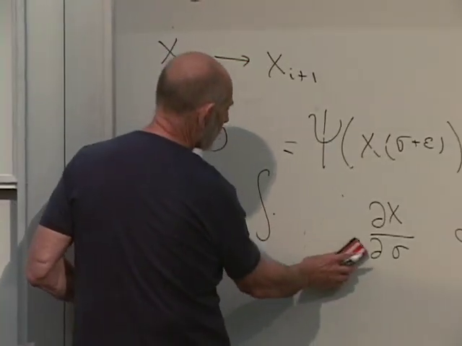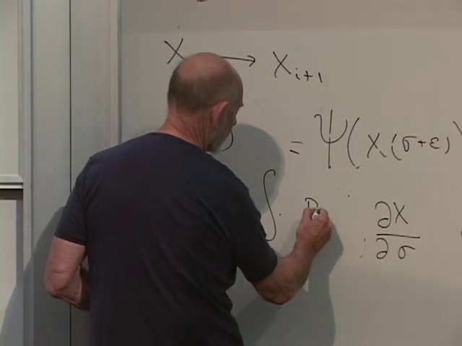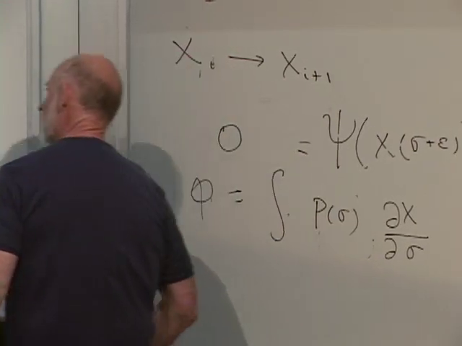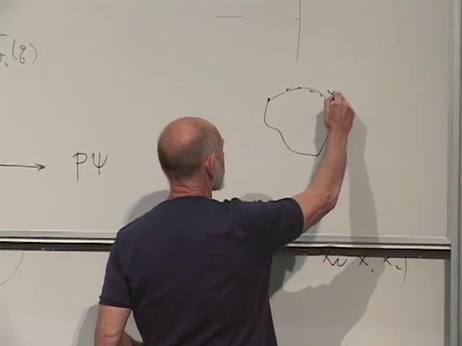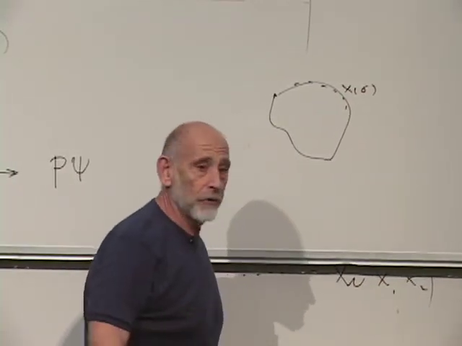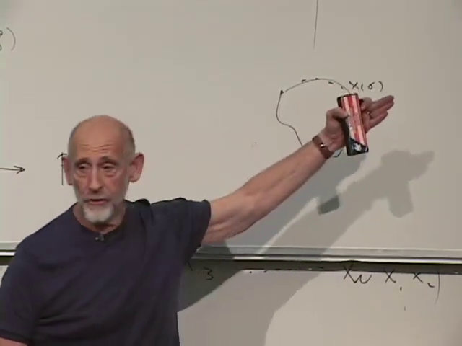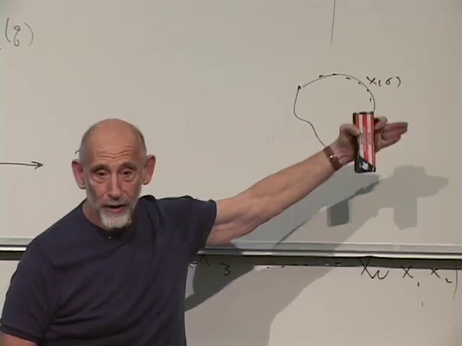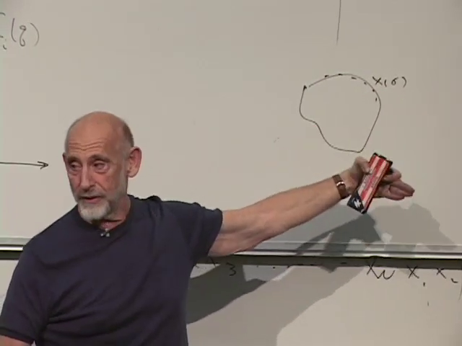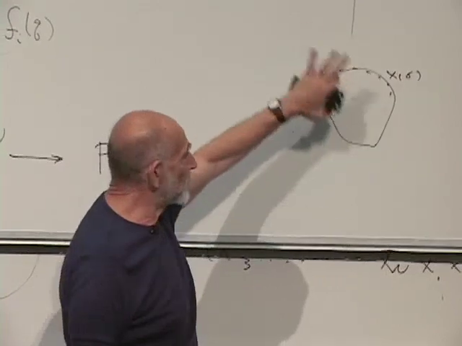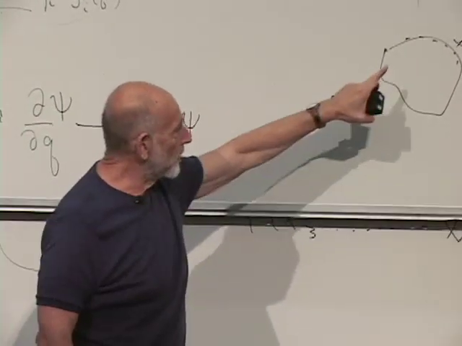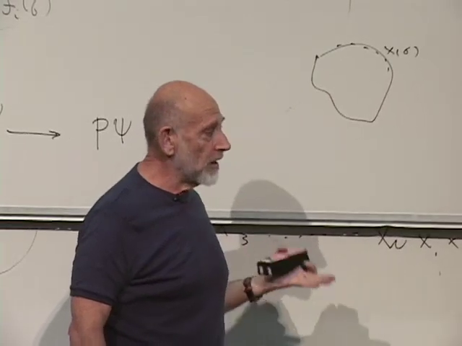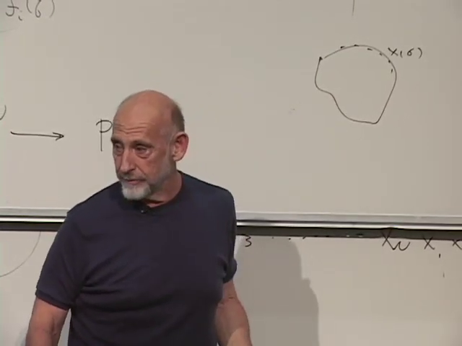What does that mean, p sigma? We have a string, and it has a bunch of points x of sigma. And of course, the points have velocities. The velocities of those points are their momenta. Remember, we're just doing basically non-relativistic physics, where velocity is momentum.